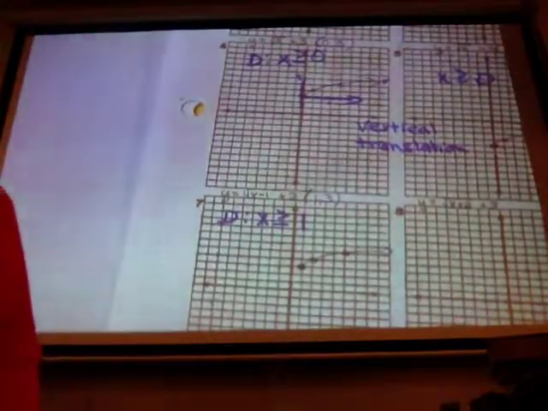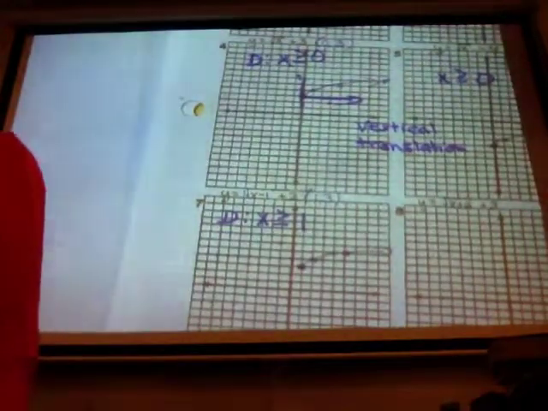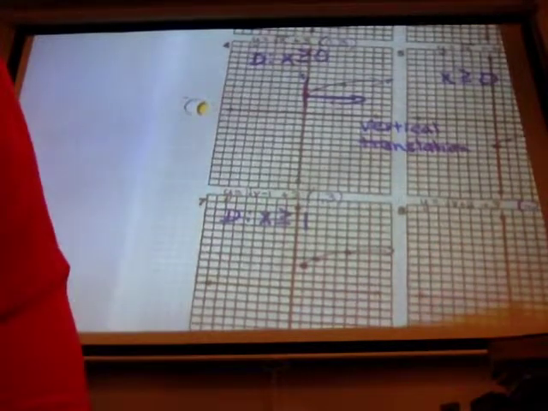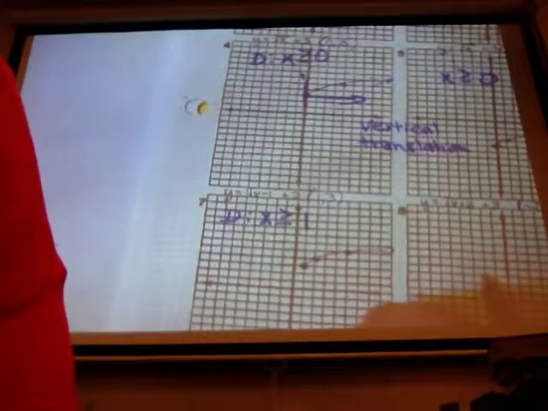Any questions? Asia, what did you get for your point for this one? What's HK? Negative 2. Beautiful. Negative 2, 3. And then how would you move? Over 1 and then over 4.